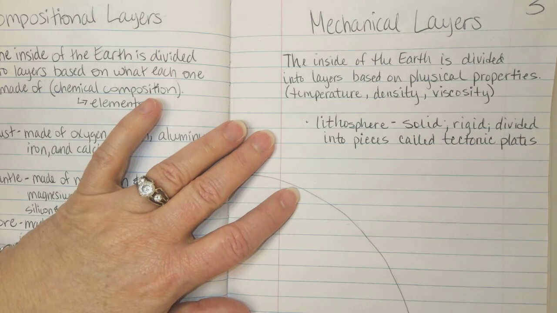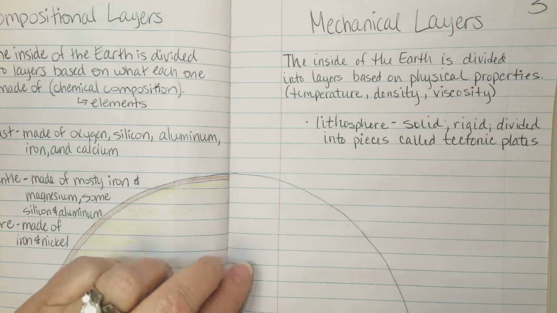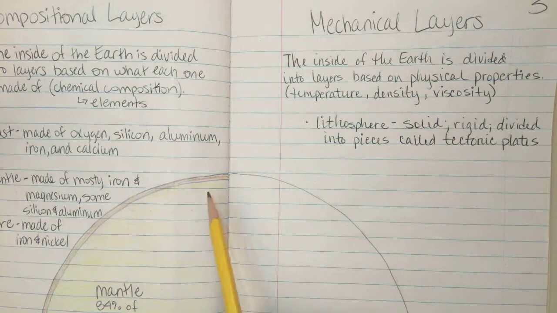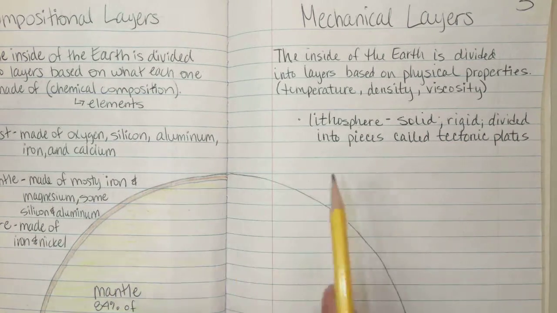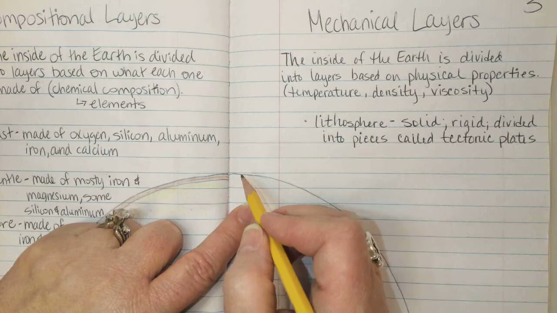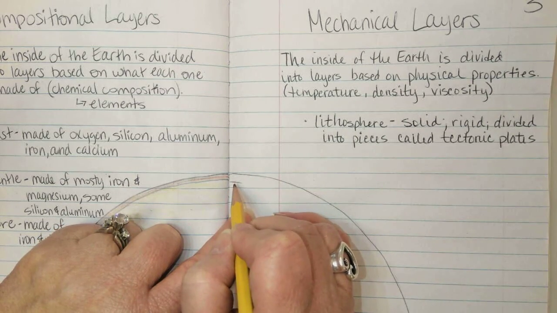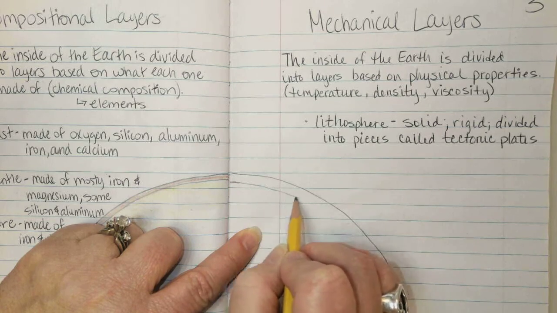Okay, so when we draw it on our model down here or on our picture, because it includes the crust and the upper part of the mantle, it's going to be a little thicker. If you remember right here, the brown part is the crust that you drew yesterday. But when you're talking about the lithosphere, you're talking about it being a little thicker. So we're going to go down here and we're going to make it a little bit thicker.